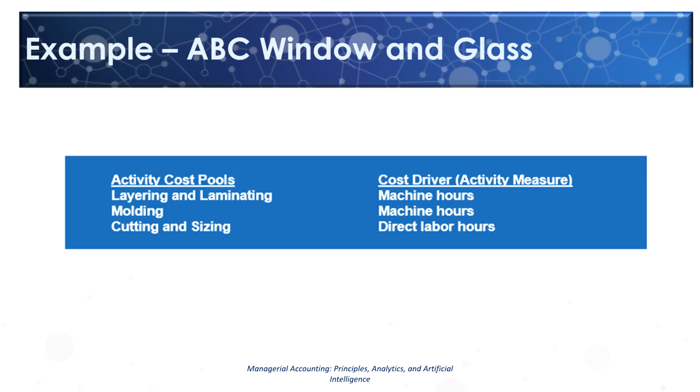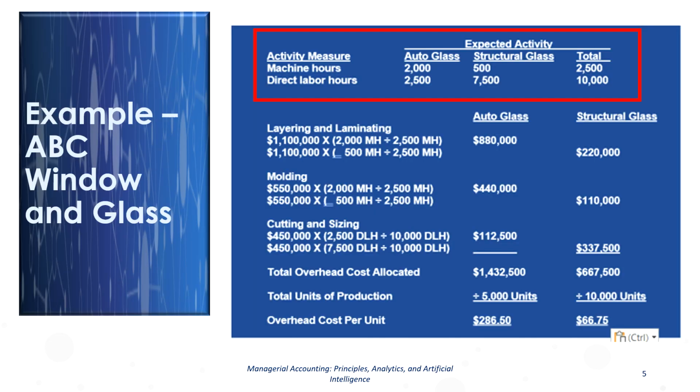The next step is to identify the cost driver for each activity cost pool. We've identified that machine hours drive the costs of layering and laminating. Machine hours also drive the costs of molding, but direct labor hours drive the costs of cutting and sizing. The next step is to identify the expected amount of cost driver consumption with each activity.